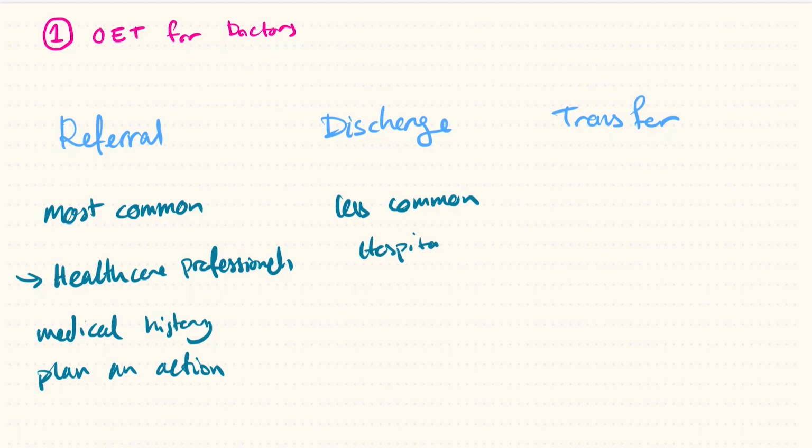Let's put it this way: you are the hospital staff updating the patient's primary healthcare provider, the primary GP of the patient, for example, or a community nurse.